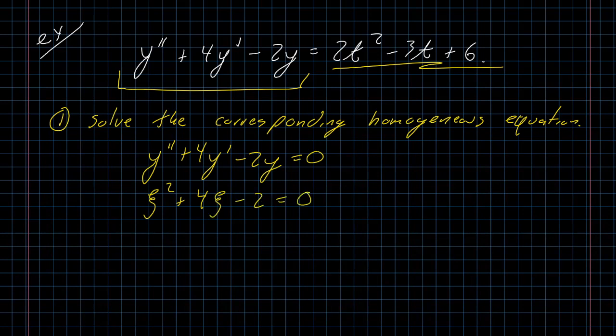Replace y double prime with c squared, replace y prime with c, replace y with c to the 0, which is just 1. We have the polynomial c squared plus 4c minus 2 equals 0.